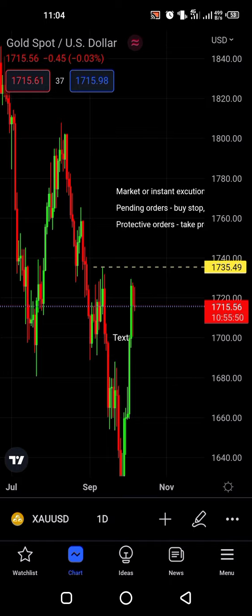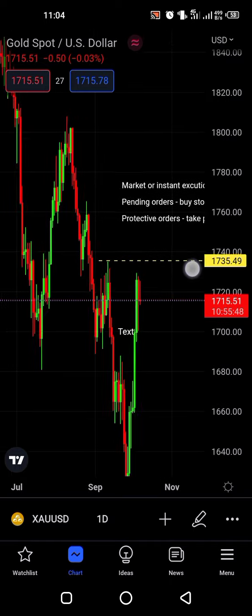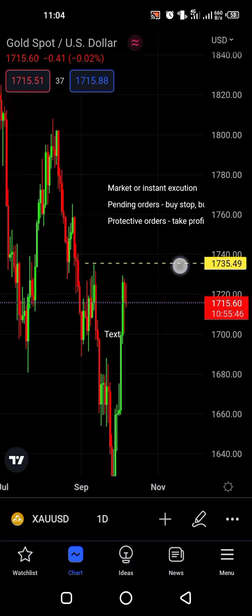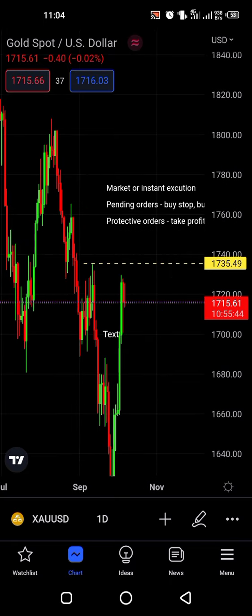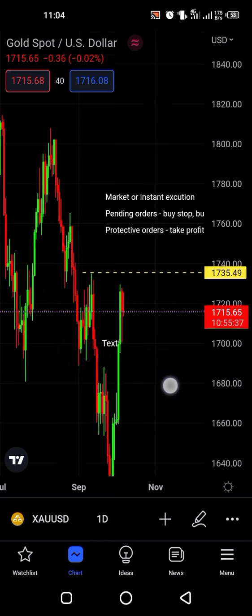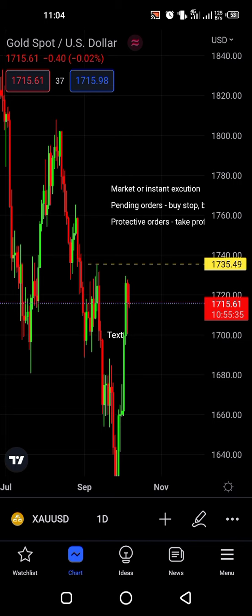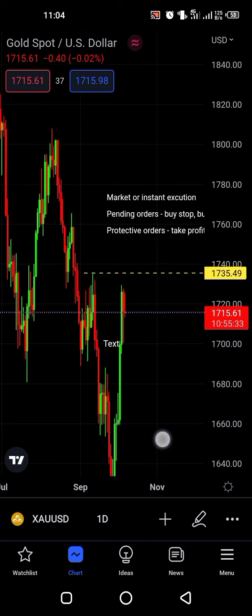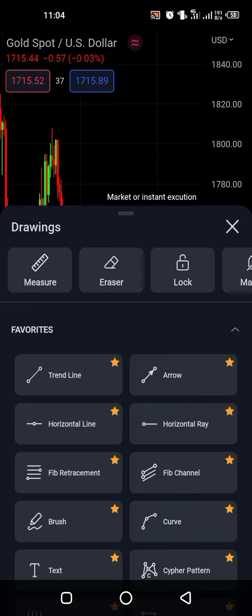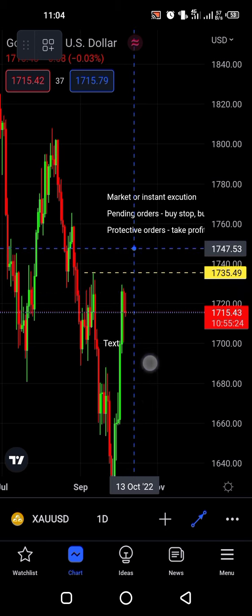Okay, so you might think that I want price to break or to open and close above this price 1,735.49 before I buy. So you're saying when price breaks this level, then I'll be sure that price is going up. So what you can do is you can say I want to place a buy stop because now you're predicting that the market is going to go up.